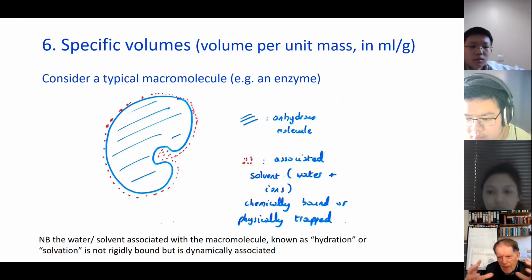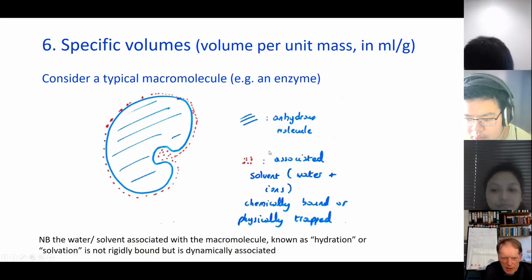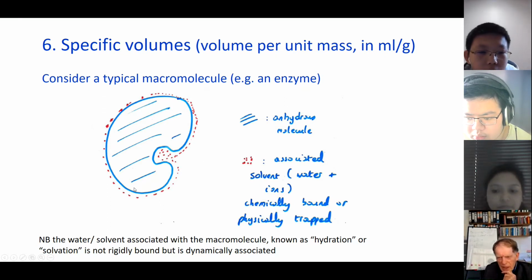So a protein or polysaccharide will tend to have a larger volume in solution compared to the dry state because of its interaction with water through dynamic hydrogen bonding. Again, it's dynamic, water molecules binding and releasing.